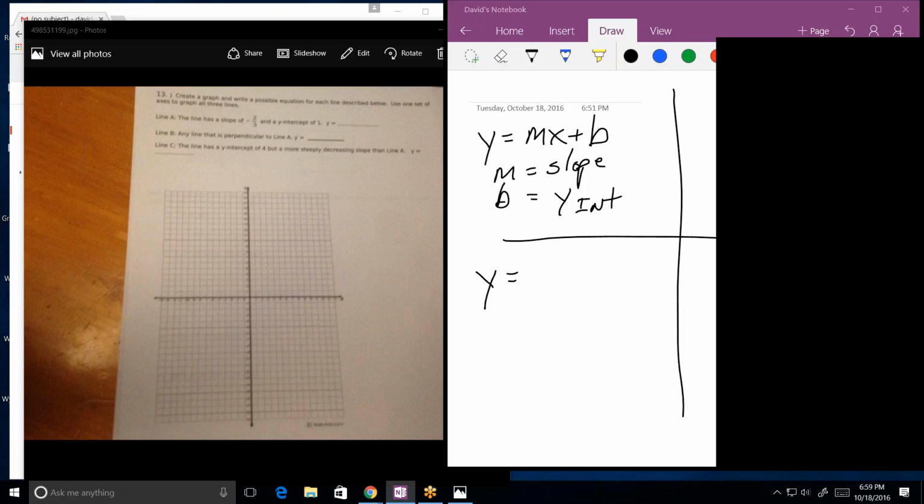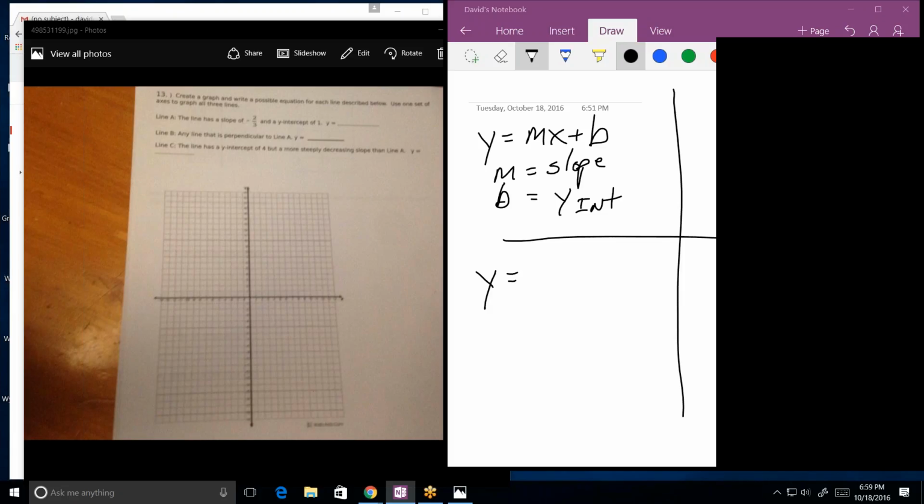Okay. So if y equals mx plus b, and m is the slope and b is the y-intercept, they give us the slope and the y-intercept. So what's the equation of line A? Is that a minus 2/3 slope?